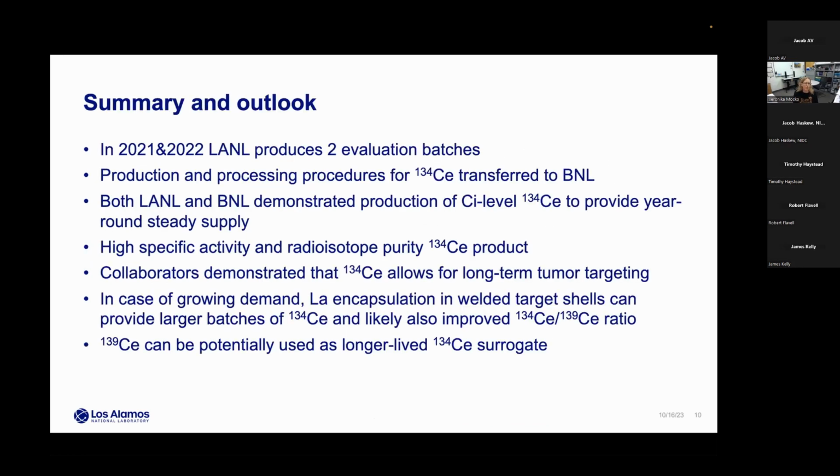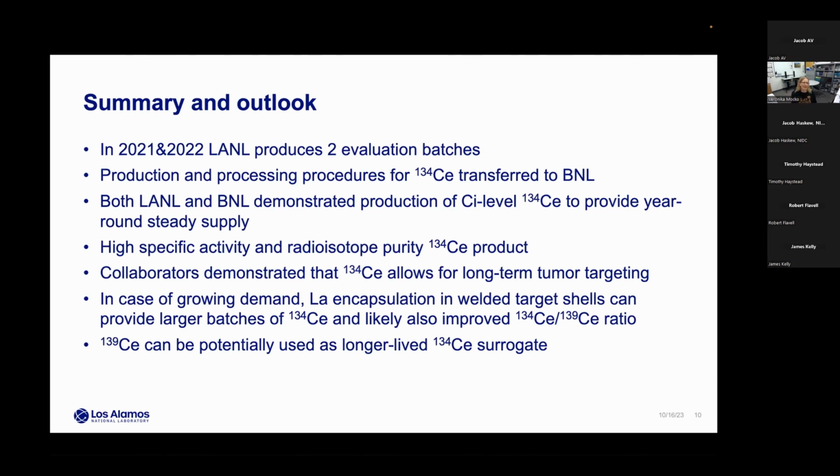To conclude my presentation, we produced evaluation batches and the first production batch here at LANL, and we transferred our production and processing procedures to our colleagues at Brookhaven National Laboratory.